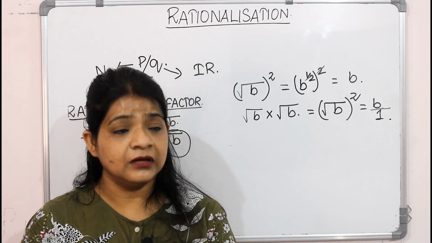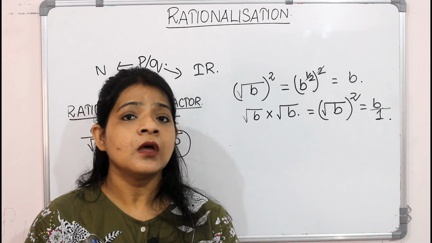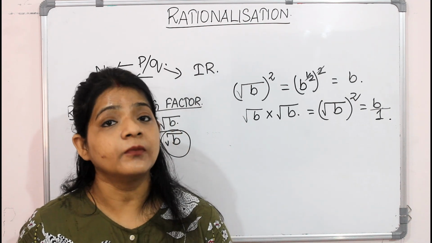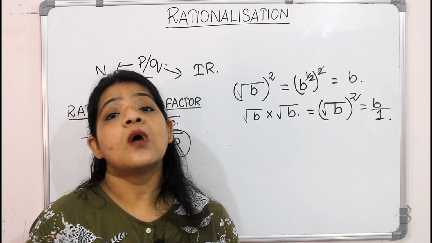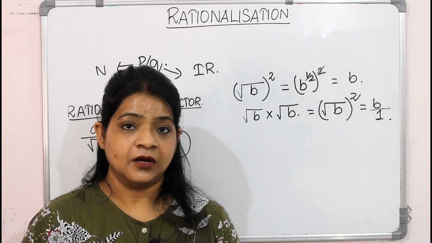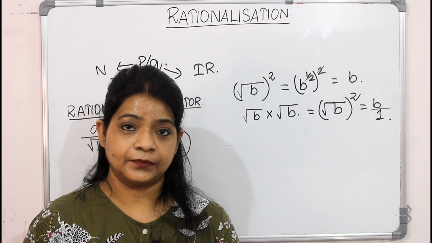Next, using different examples where an irrational number exists in different forms, we are going to determine what the rationalizing factor will be.